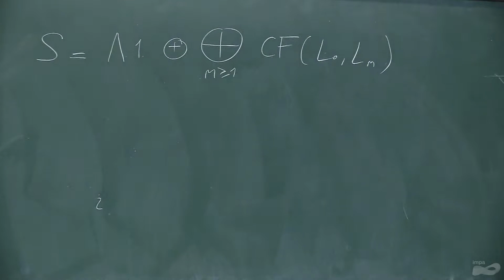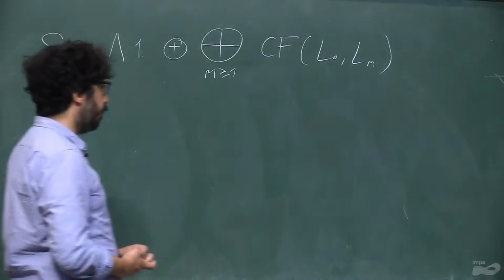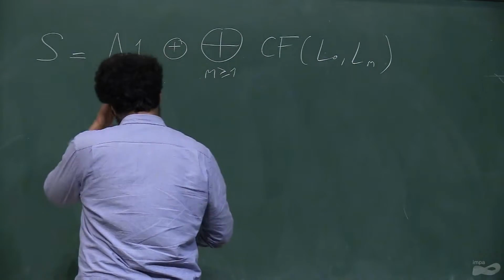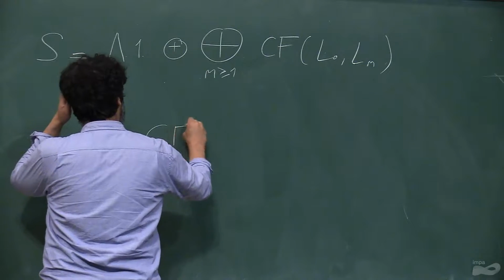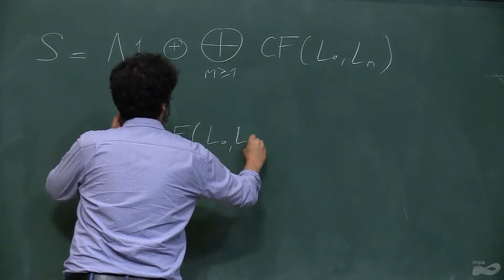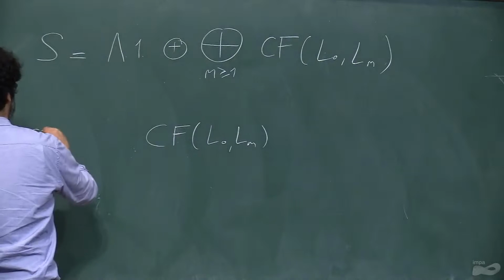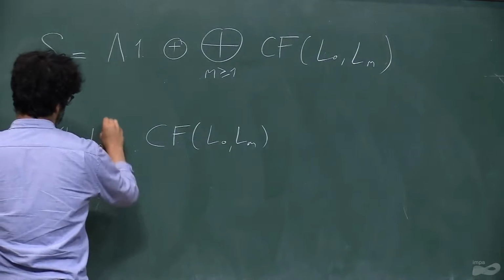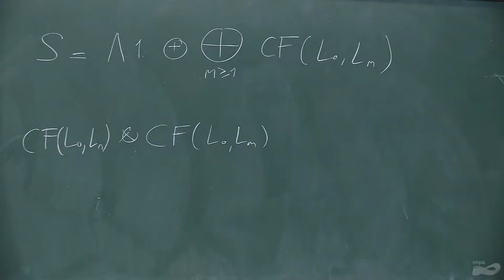So this is the sum of all these intersections between L0 and different ones. And what's the product? So given two of these, I have to give you another one of these.